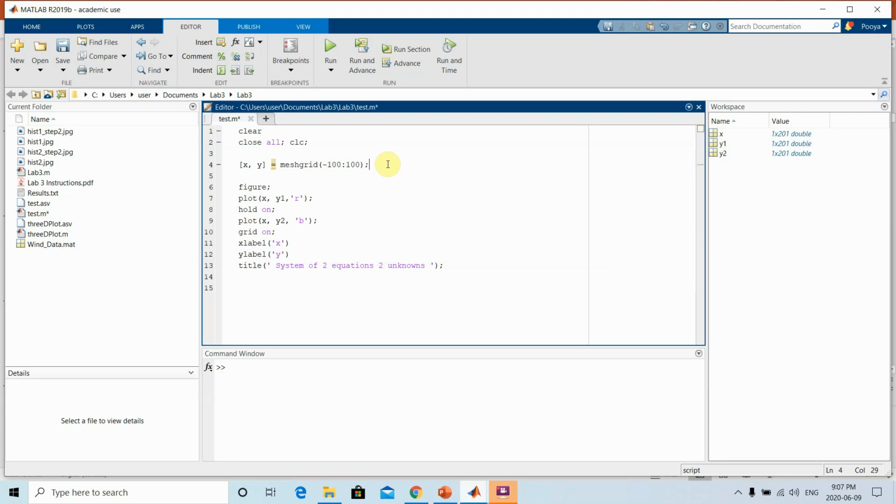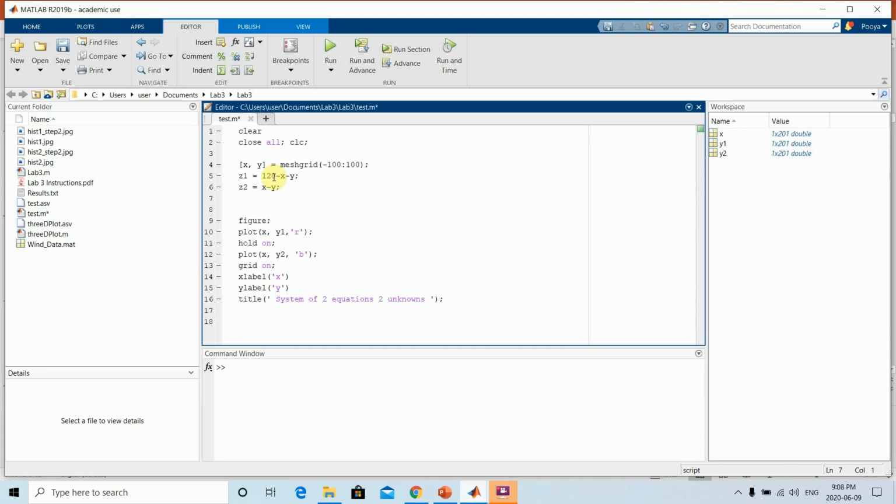Then we just have to find the equations of each plane. Let's see what the equation for the first plane is. We want to find z1, z2, z3 in terms of x and y. z1 is going to be 120 minus x minus y. z2 is going to be equal to x minus y.